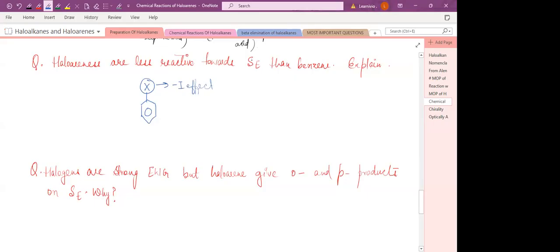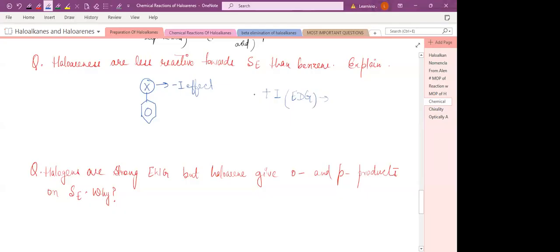Inductive effect is basically a permanent polarization of electron density, right? And there are two types of inductive effect. The plus I effect, and plus I means positive inductive effect, which is caused by an electron donating group.